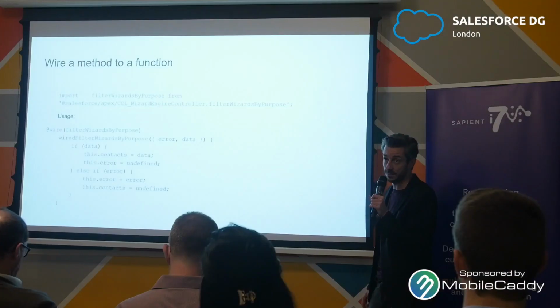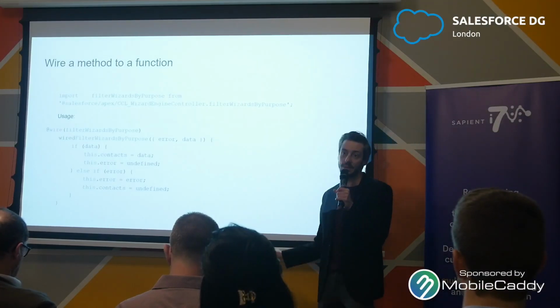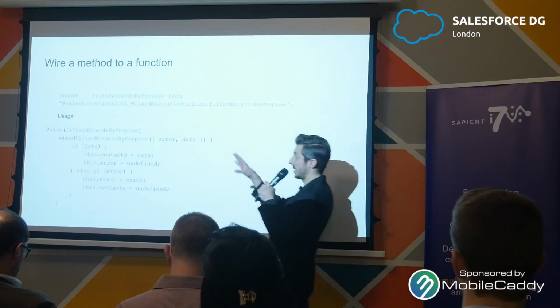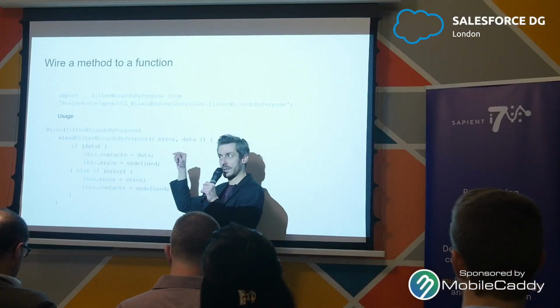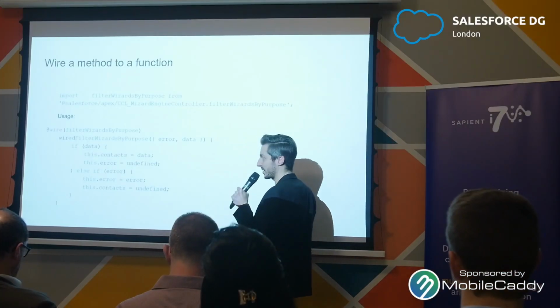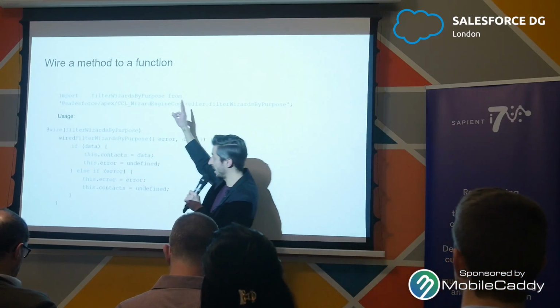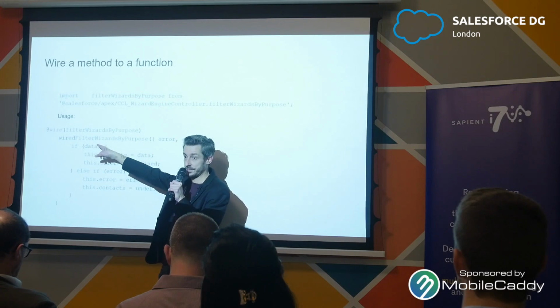So this is perfect for anything that reads data and that will not be invalid regularly. So when you read just a list of contacts and you display that to your users, well, you don't need to redo the so-called every time if the parameters are not going to change. Well, if you remember this cacheable equals true on the Apex side that we put, well, wire is only possible on a cacheable Apex method.